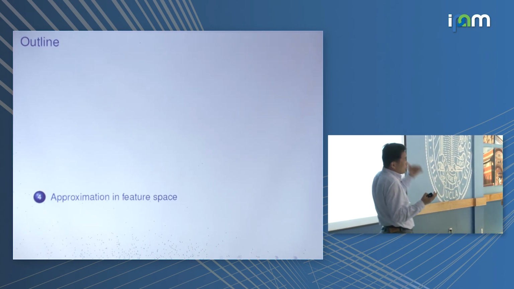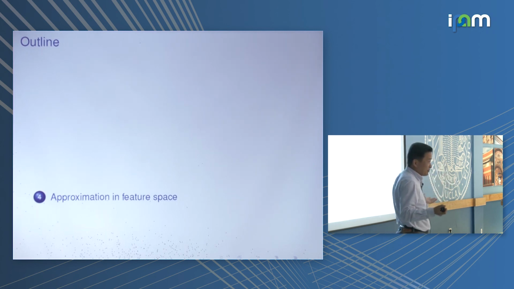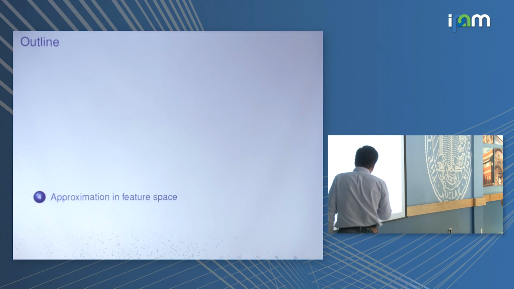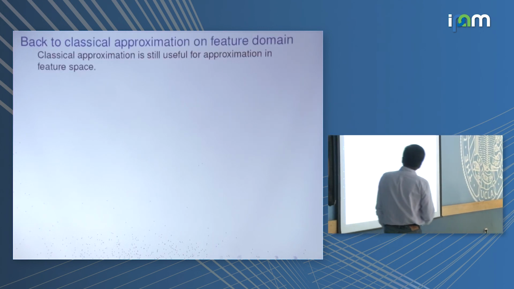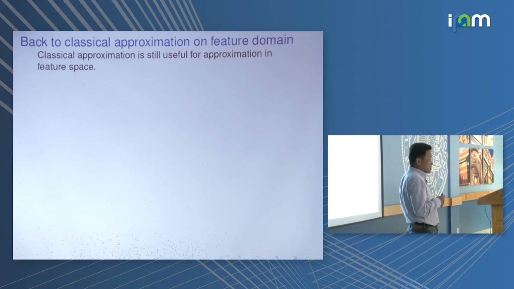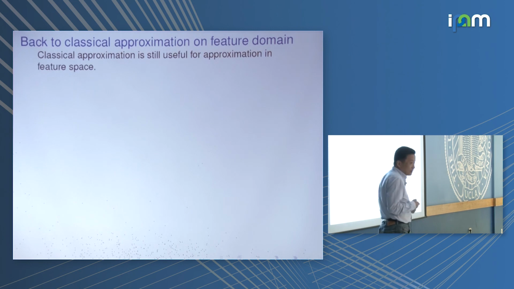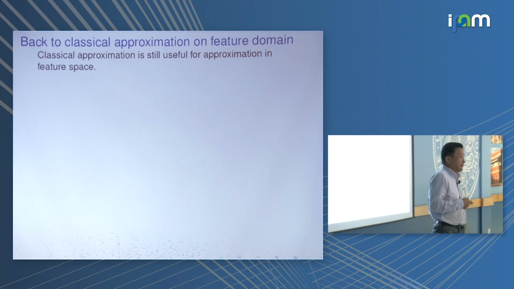When you go down to feature space, maybe the dimension is lower, or maybe the domain is better. Maybe you have room to do something else. That's why the classical approximation is still useful. Not to say we can forget about the classical approximation, but it's in the feature space, not in the original domain.